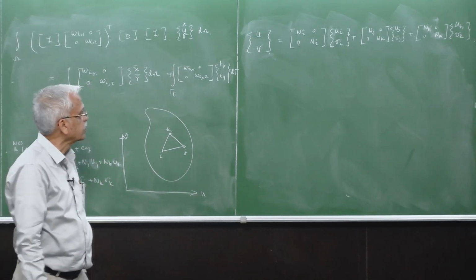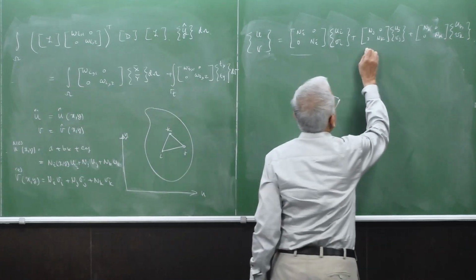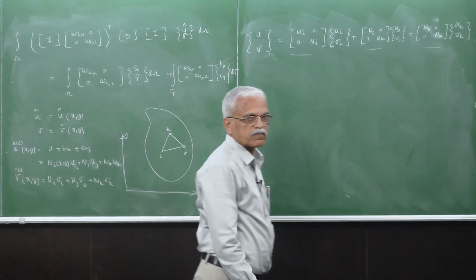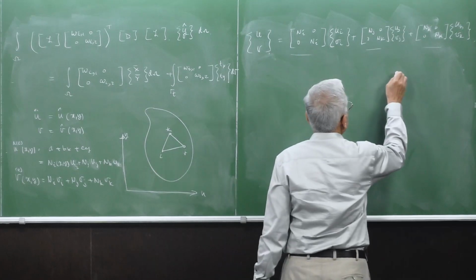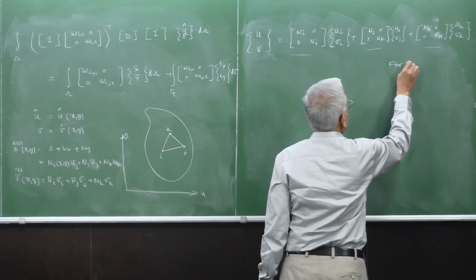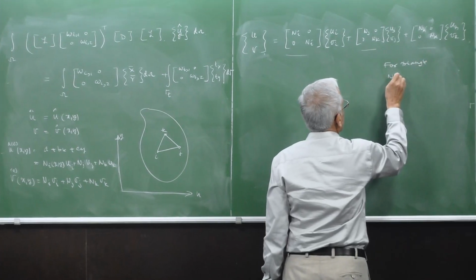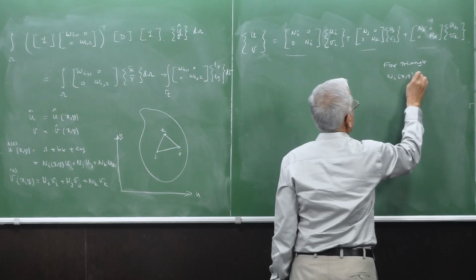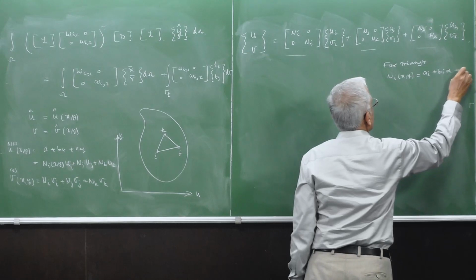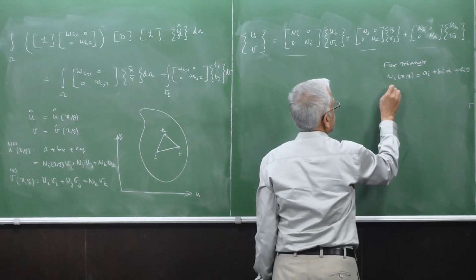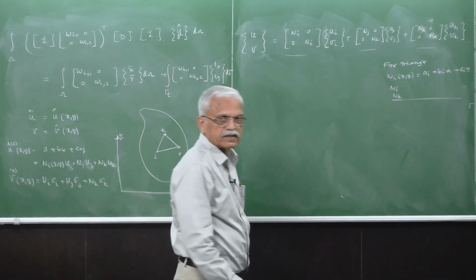So these are the shape functions which we use for the approximation of u and v. We know what Ni is for a triangle: Ni is nothing but Ai plus Bix plus Ciy, and similarly for the others. This is what we are going to use a little later.